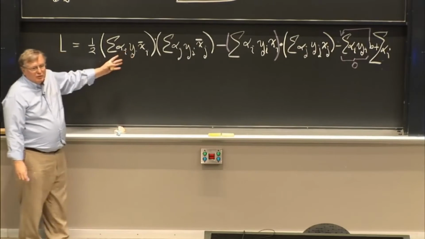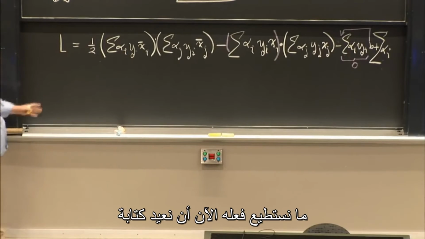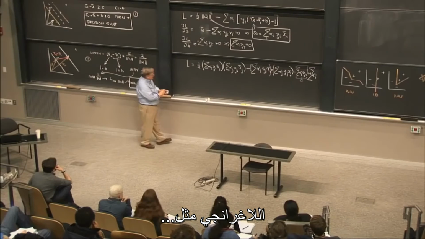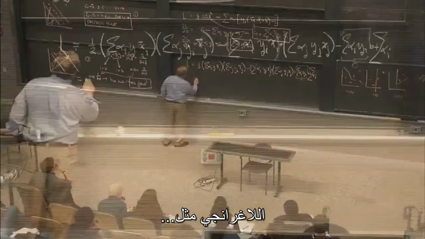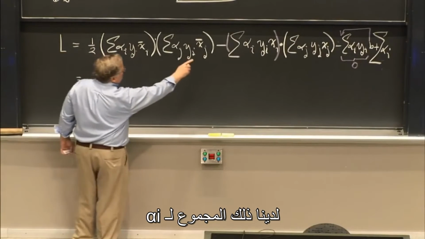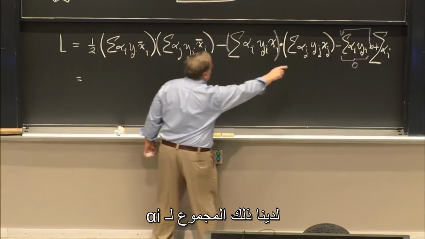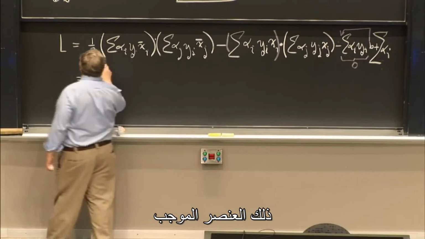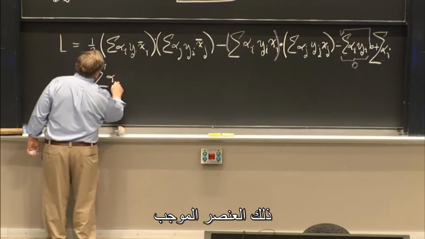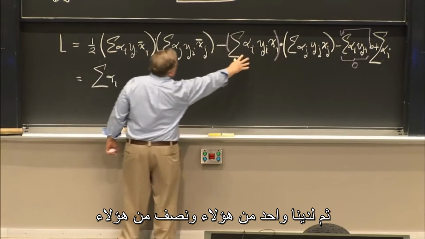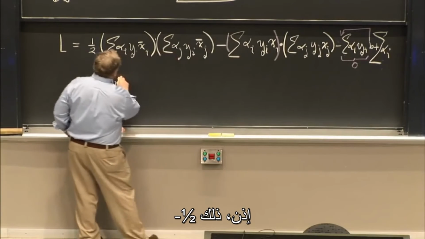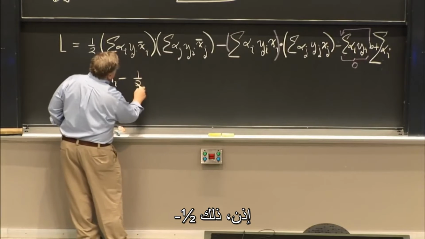right? So now what we can do is rewrite this Lagrangian as that sum of alpha I, that's the positive element. And then we got one of these and half of these, so that's minus 1/2.